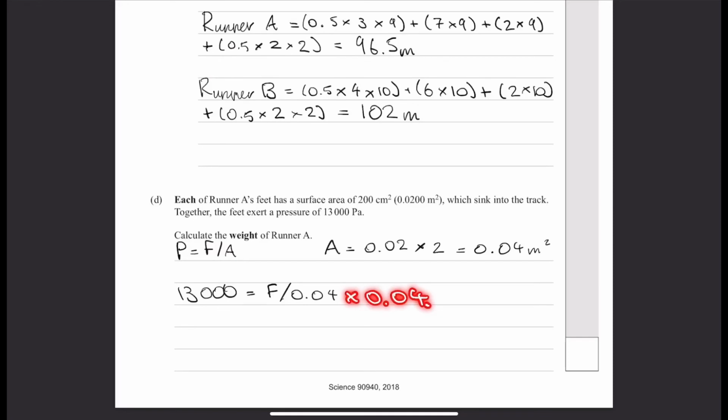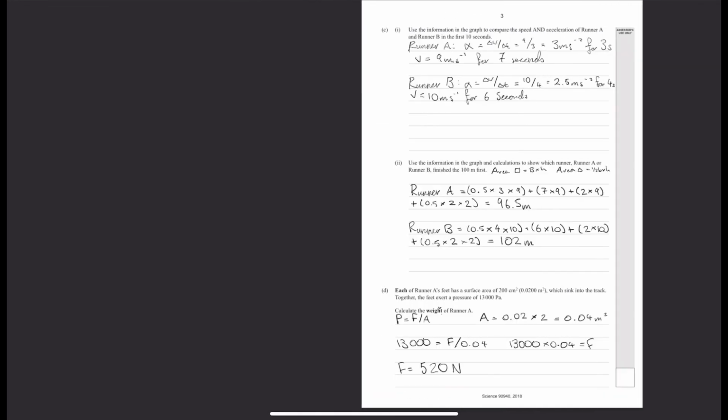But if we times one side, we also have to times the other side by 0.04. So we'll get 1300 times 0.04, which is going to give us our weight force. If we plug that into our calculator, we will get F equals 520 newtons. So that's been question 1.